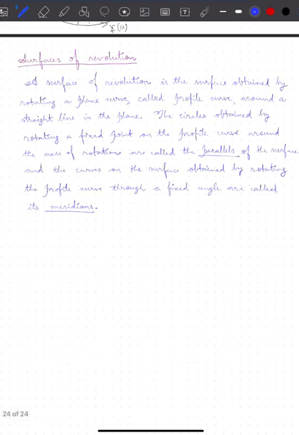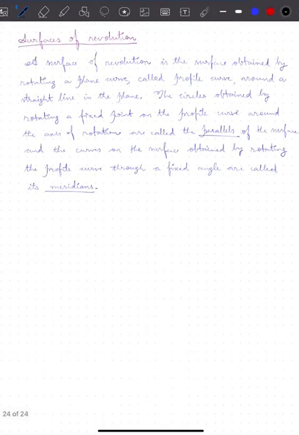Ideally, what we are trying to convey here is that you have this as the axis z. Maybe let's make it dotted, because it lies within the surface.